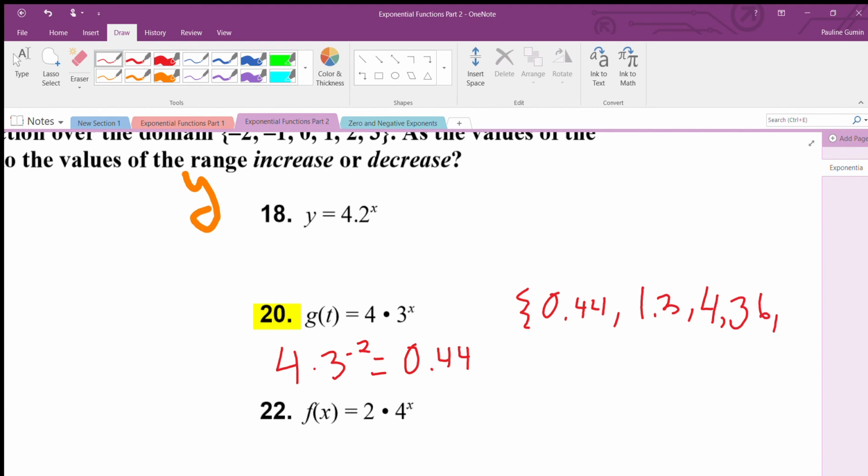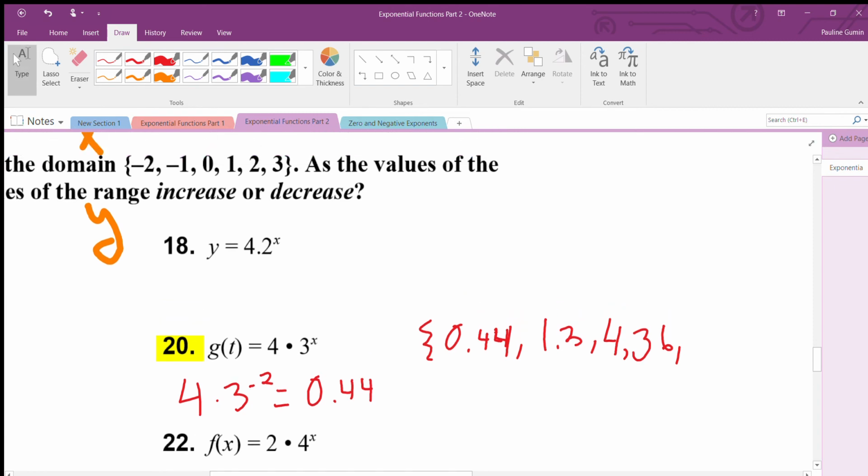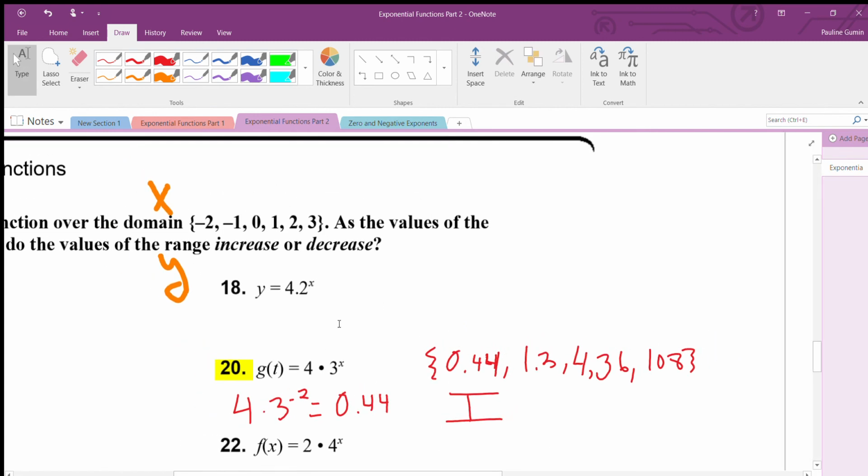And lastly, 3 to the 3rd times 4 is, 27 times 4 is 108. Scroll over a bit. 108. All right, so there's our range. Is it increasing or decreasing? It's increasing. Beautiful.